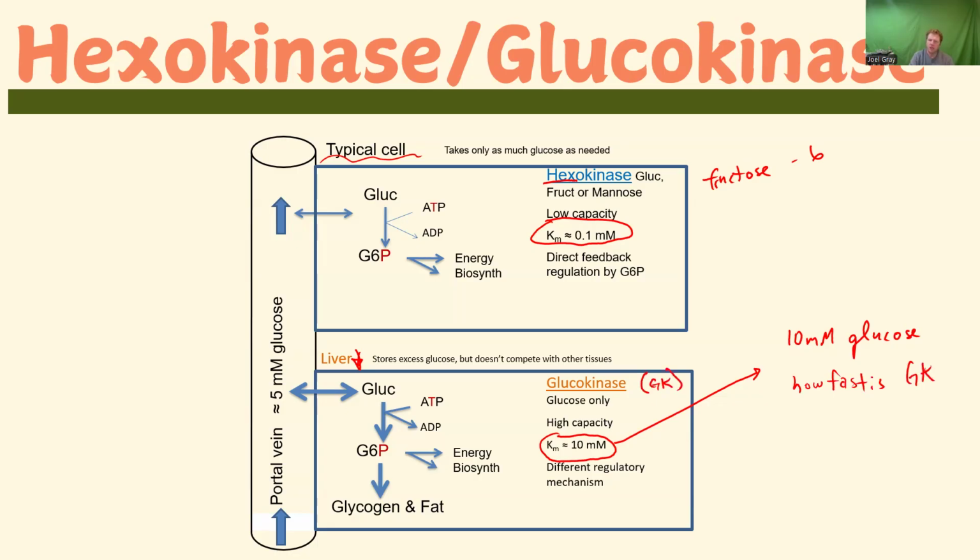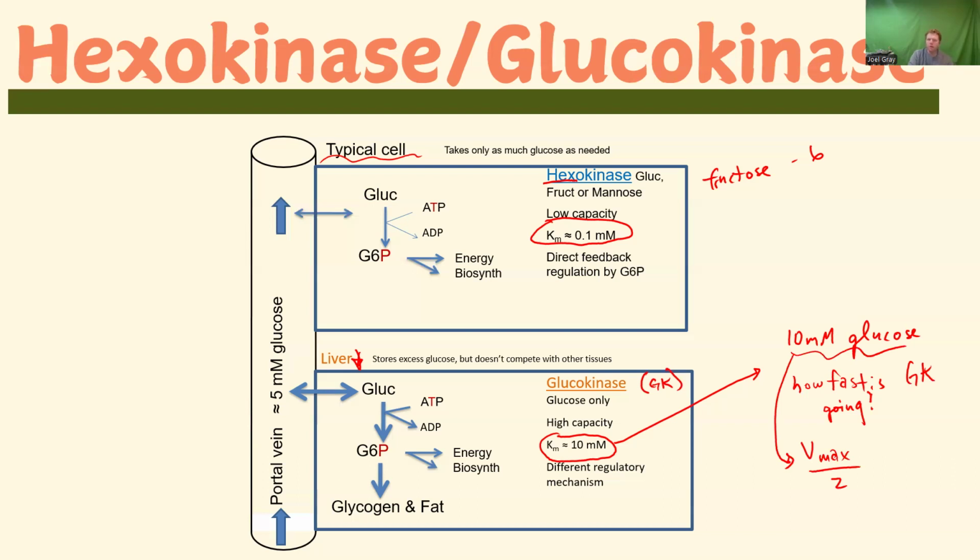How fast is GK going? Well, the answer is, if you give it 10 millimolar, it's going to be going at Vmax divided by 2. If you agree with that, give me a Y in the chat. If you don't understand that, give me an N in the chat. Okay. So if you give it 10 millimolar glucose, then it's going to be going this fast. Got it.